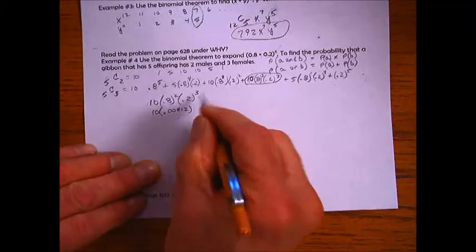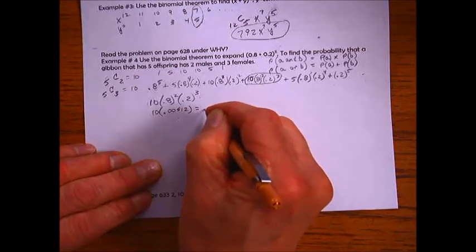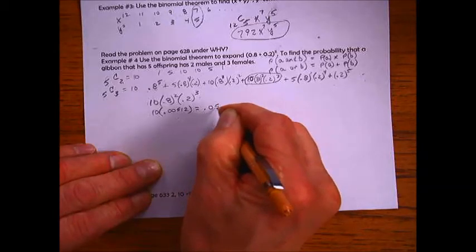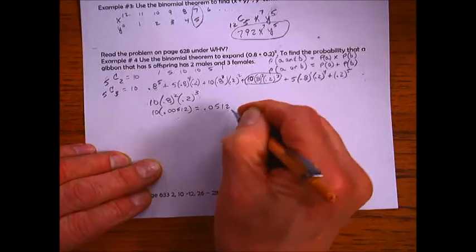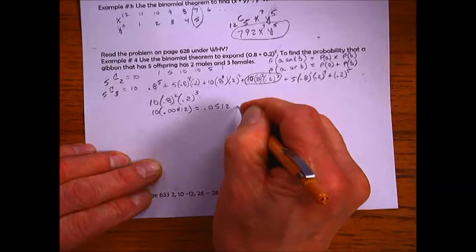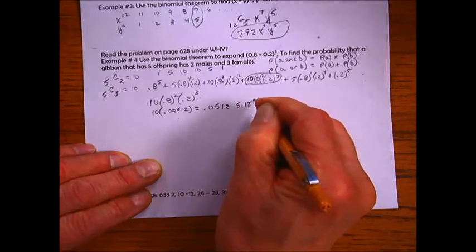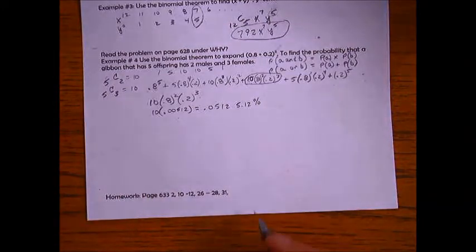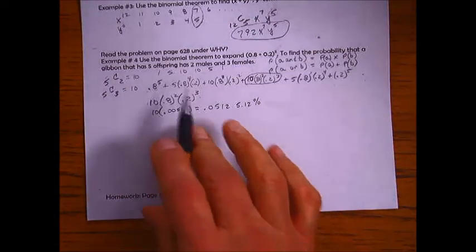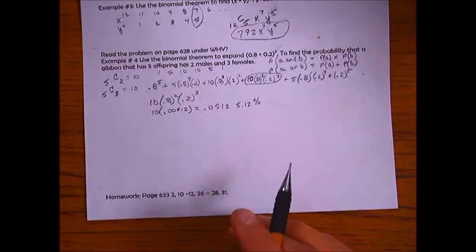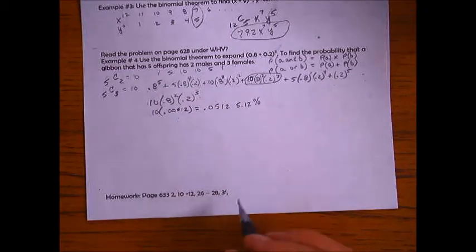That's what you get when you multiply all this out, which equals 0.0512, or about 5.12% probability that if they have 5 offspring, 2 of them are going to be males and 3 are going to be females.